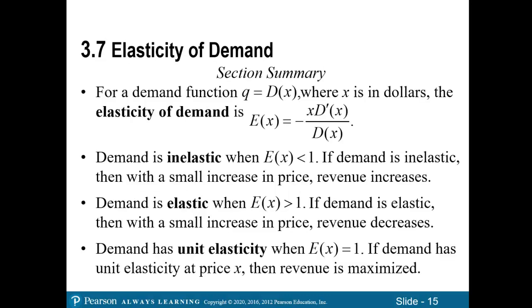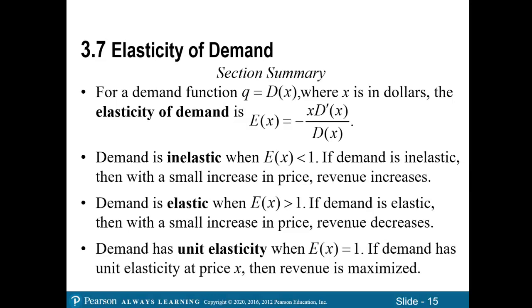All right, so that's basically it for this section. For any demand function given, the elasticity function is given by that formula, negative x times d prime over d. Demand is considered inelastic when the value of E is less than 1. That means a small increase in price, revenue increases.